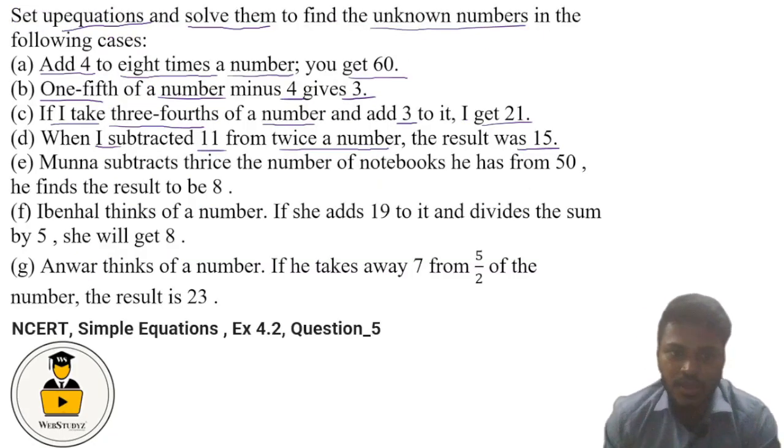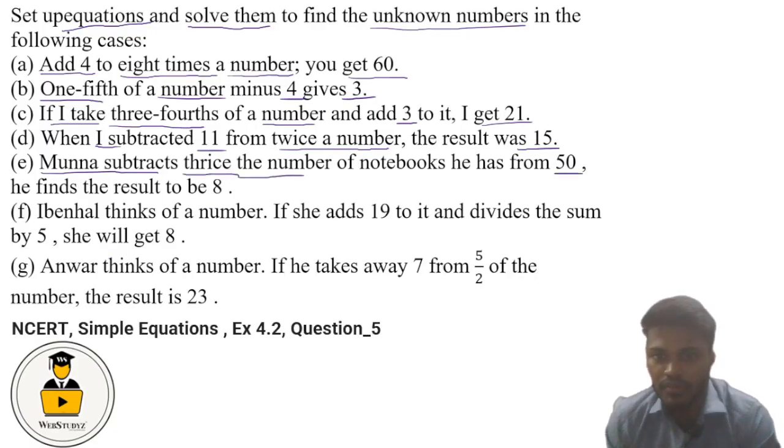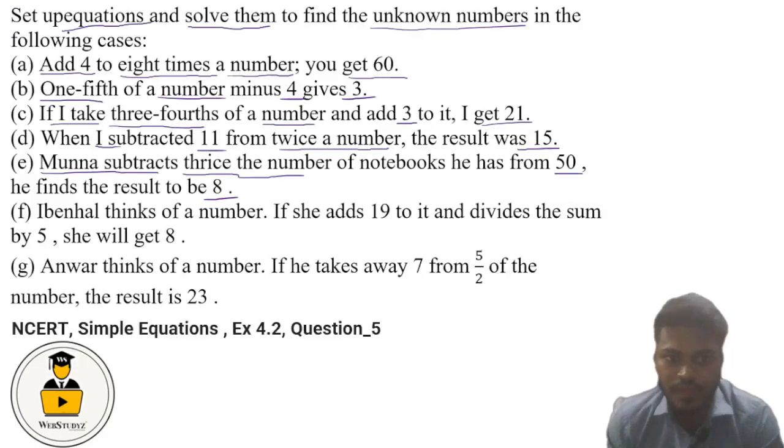Now let us consider the next question. The question says that Munna subtracts thrice of the number of notebooks he has from 50, and he finds the result to be 8. So we have been given that, again let us assume that the number be x.